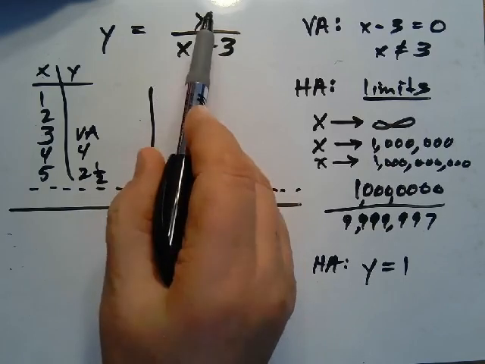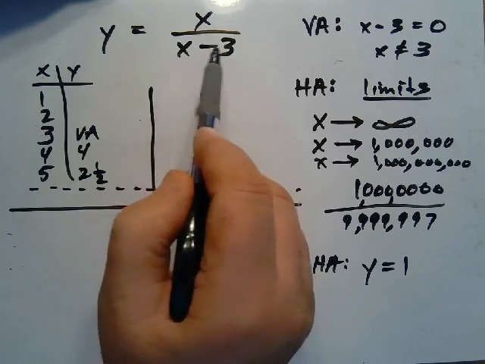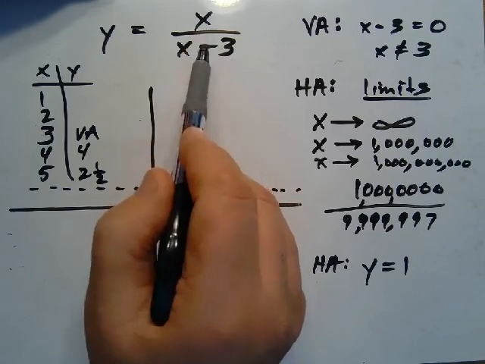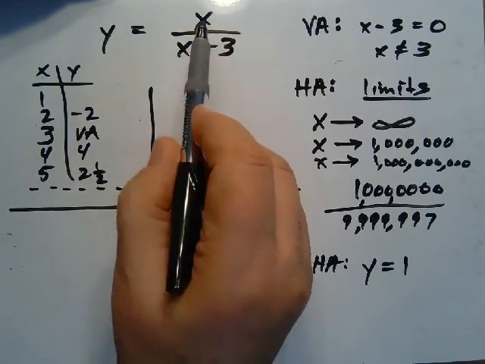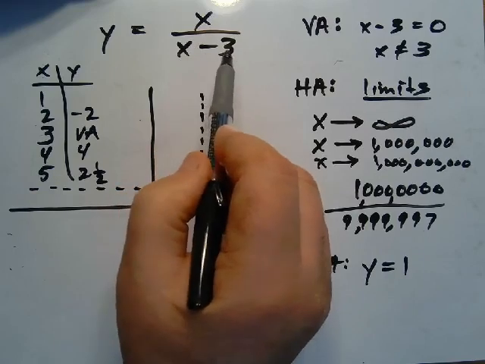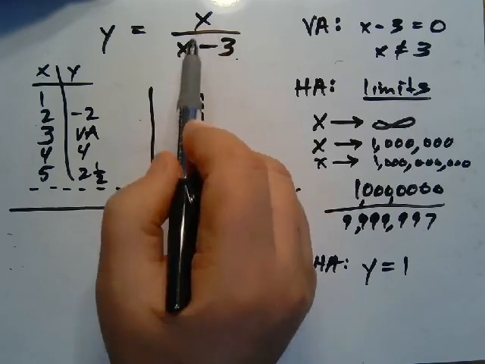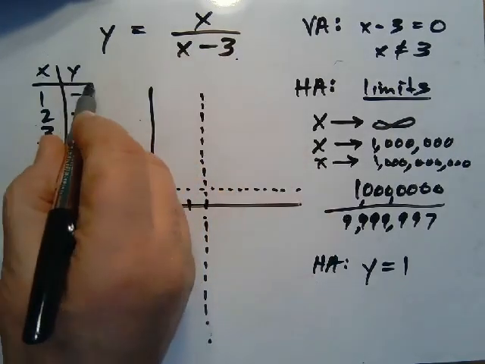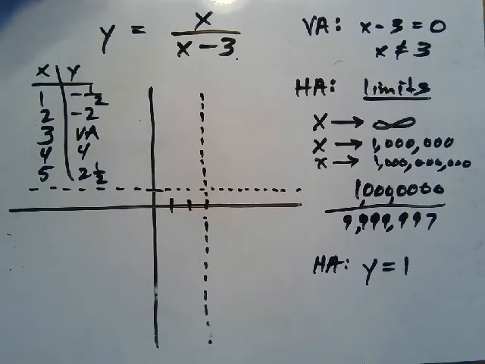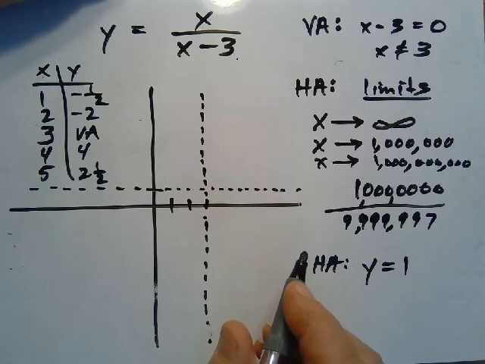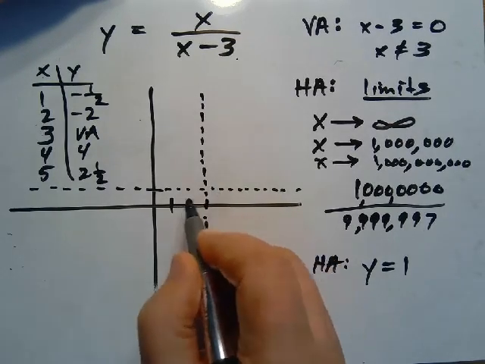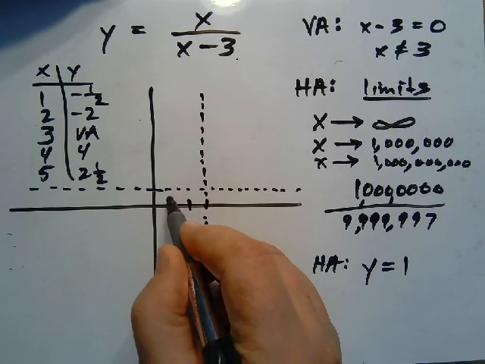If x is 2, 2 over 2 minus 3. Well, 2 minus 3 is a negative 1. 2 over a negative 1 is a negative 2. And if x is 1, 1 over 1 minus 3. Well, 1 minus 3 is a negative 2. 1 over a negative 2 is a negative 1/2. Let's plot these points and see kind of where they're at, and that'll tell us maybe where our graphs are going to be. 1 goes to a negative 1/2.